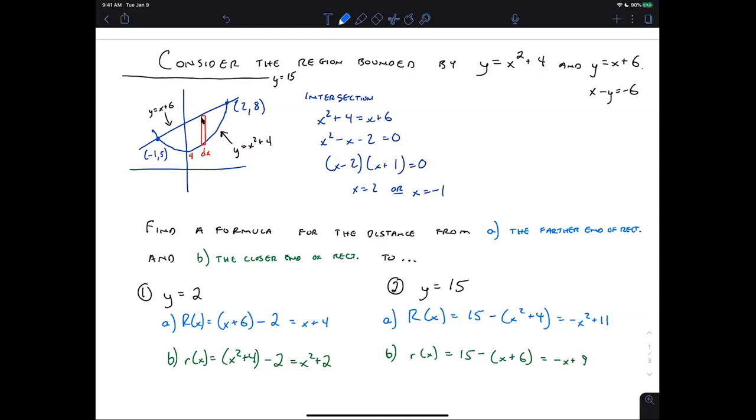So 15 minus (x plus 6), you distribute and get negative x plus 9. Any questions on that? Please ask, because this is going to be stuff we're using a ton. And this is where volume problems typically get messed up, is doing these backward. Any questions?